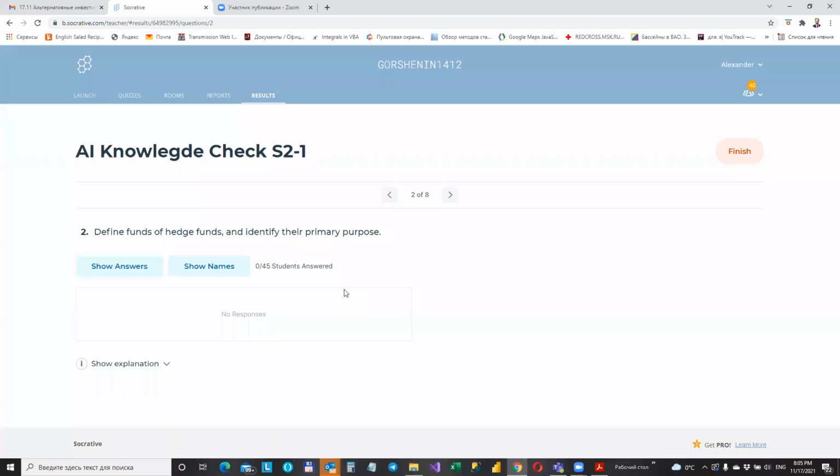Let's put a bit more time for this task, but it will definitely help us. So what is the fund of funds and their primary purpose?